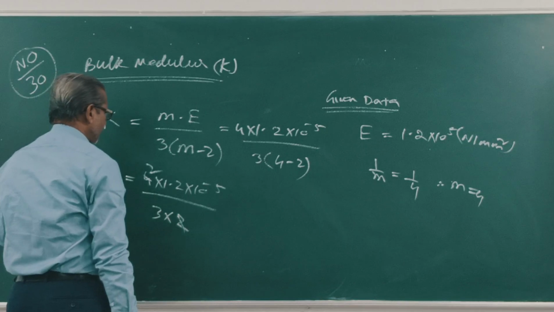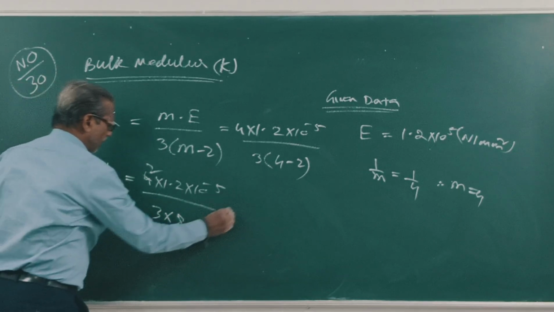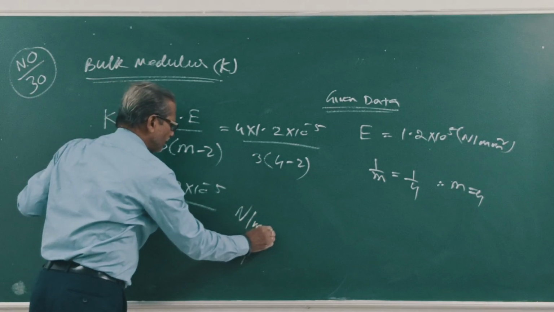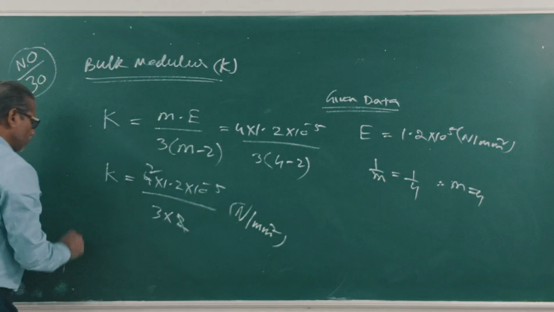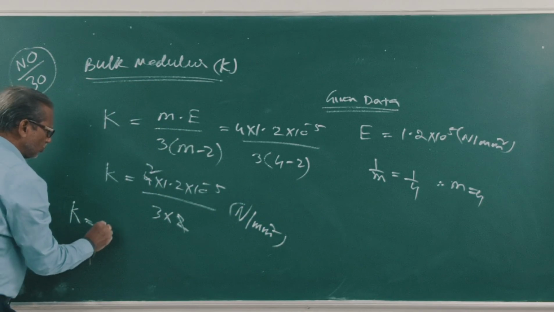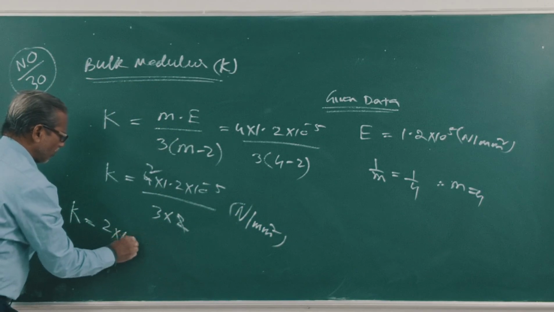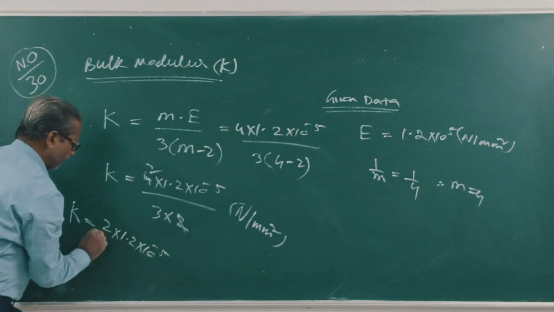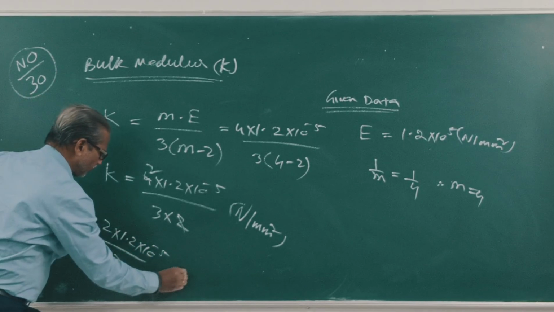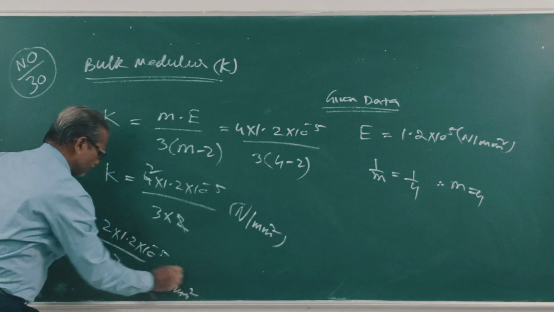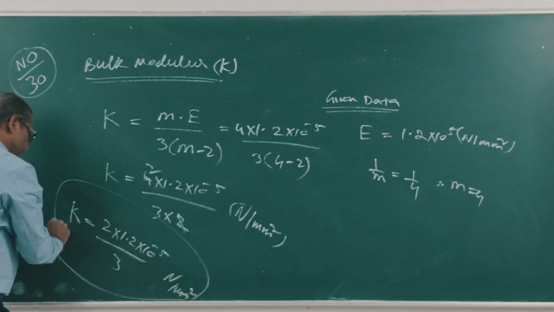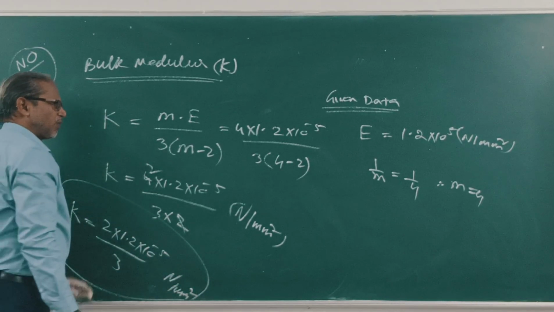This is Newton per mm square. So K is equal to 2 into 1.2 into 10 to the 5 by 3 Newton per mm square. Make the solution. Clear? Get the answer. This is the bulk modulus K.